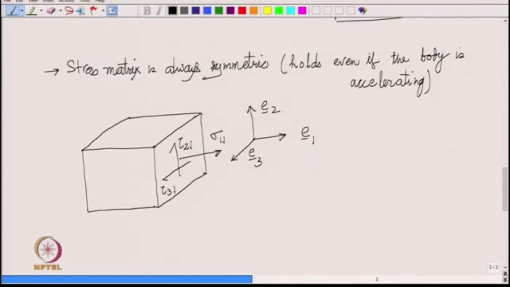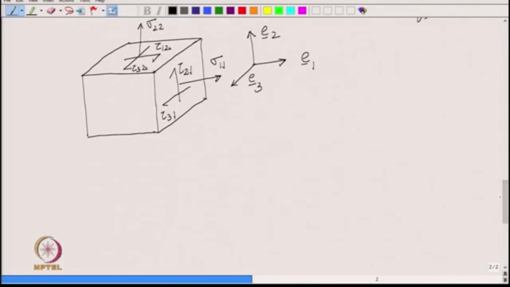Similarly, you go on the top plane and you have sigma 2 2, then we have tau 1 2 acting in the positive one direction, and we have tau 3 2. And likewise on the bottom face you have those 3 components of traction.